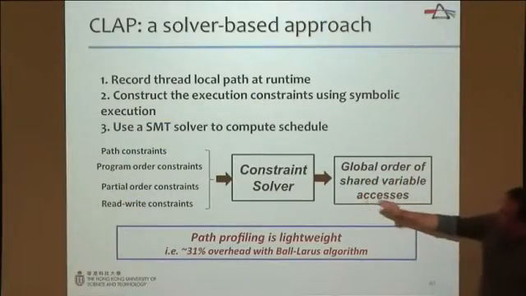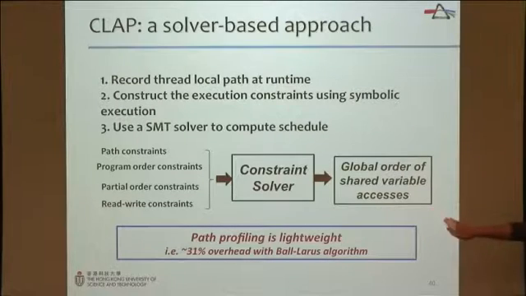More specifically, we have path constraints, program order constraints, partial order constraints, and read-write constraints, and we feed them to a constraint solver to compute a global order of shared variable accesses.